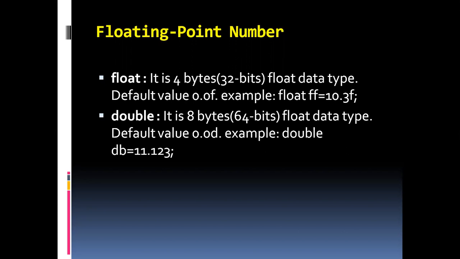Here float is 4 bytes, means 32 bits of floating point data, and the default value is 0.0f. Whenever we declare a float, we use the extension f.